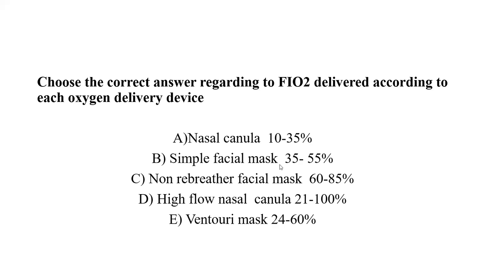Non-rebreather, 80 to 95. I think the correct order was nasal prong, simple mask, and non-rebreather, because the nasal prongs, as we saw, can deliver 25 to 40, mask 40 to 60%, and non-rebreather 80 to 95. Okay, next.